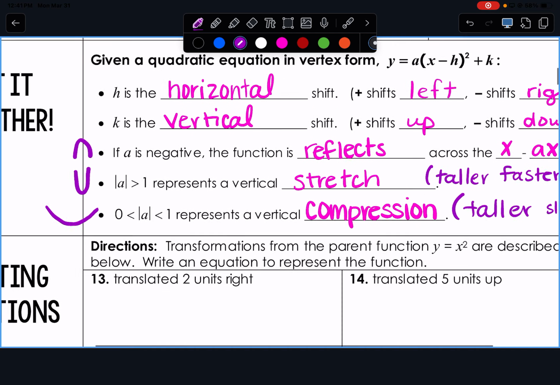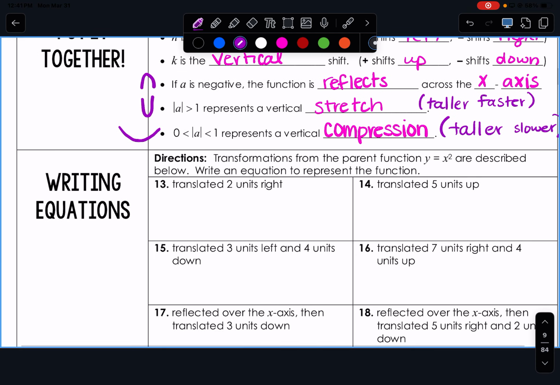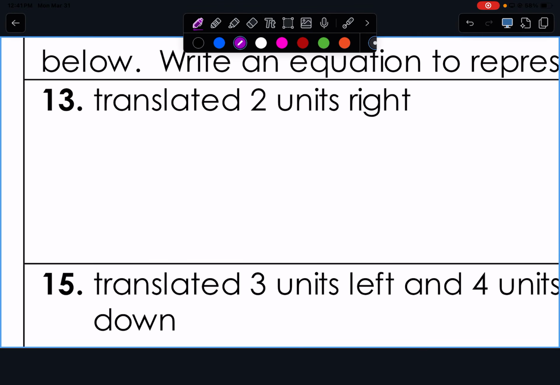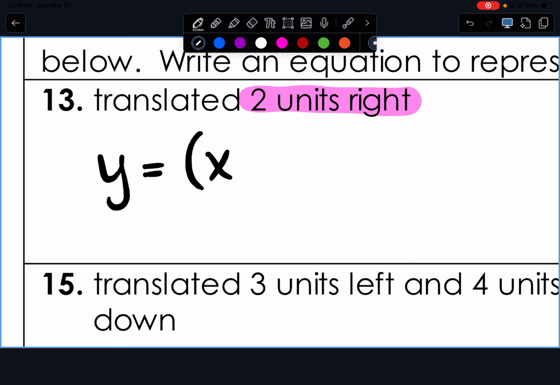All right, now we're going to write the equations from the transformations. So for here, is that going to be an inside or outside of the function? Inside. So we will say y is equal to parentheses x squared, but what needs to go inside the function?